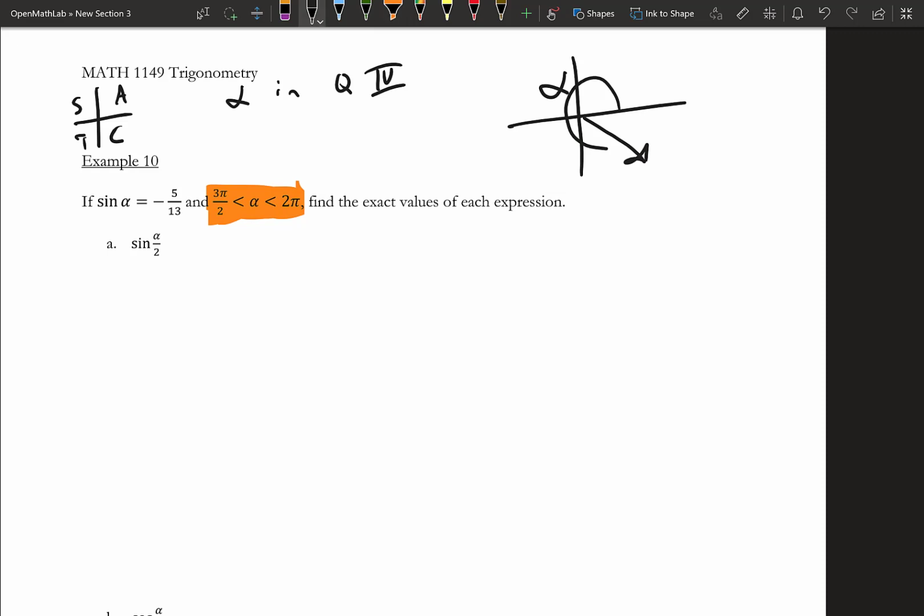So if alpha is in quadrant 4, that would mean that alpha divided by 2 is going to be in quadrant 2. This is the same logic as before. If I take any value that's in quadrant 4 divided by 2, I'm always going to be put back into quadrant 2.